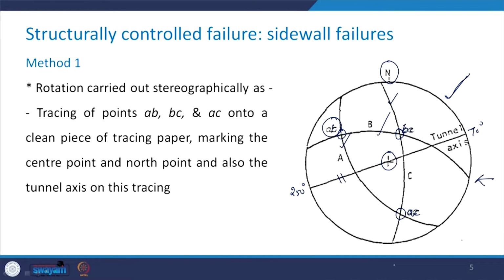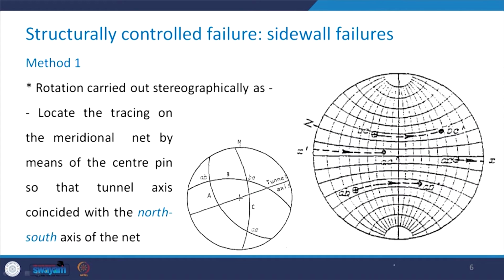I do not need to explain this because we already had a detailed discussion in the earlier chapter, when we learnt how to draw these geological data using stereographic projections. Now, how to carry out the rotation?